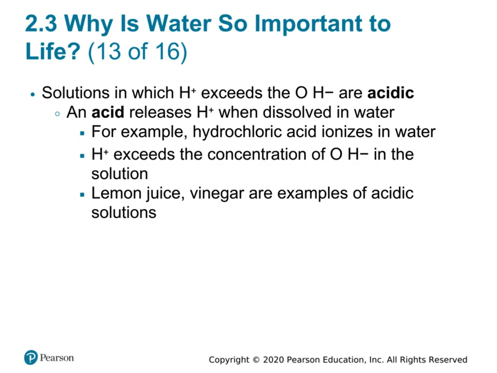When you put hydrochloric acid in water, it releases more hydrogen ions, or H+, instead of hydroxide ions, which is OH negative. Examples of acidic solutions include many citrus fruits like lemons, also vinegar, also known as acetic acid. So those are examples of acidic solutions that have more hydrogen ions than hydroxide ions in their solution.